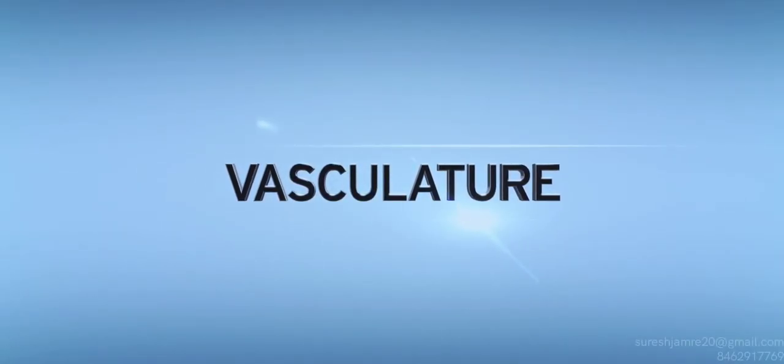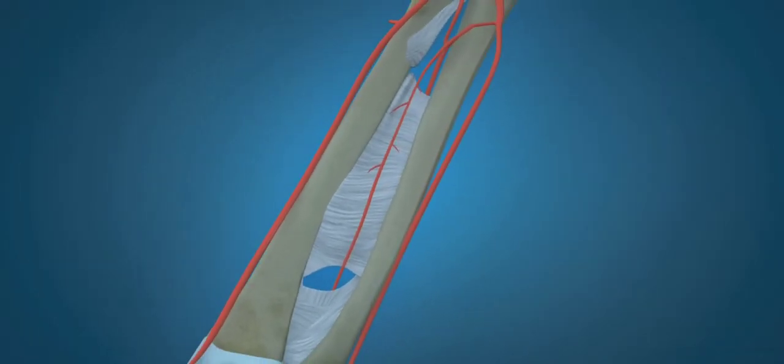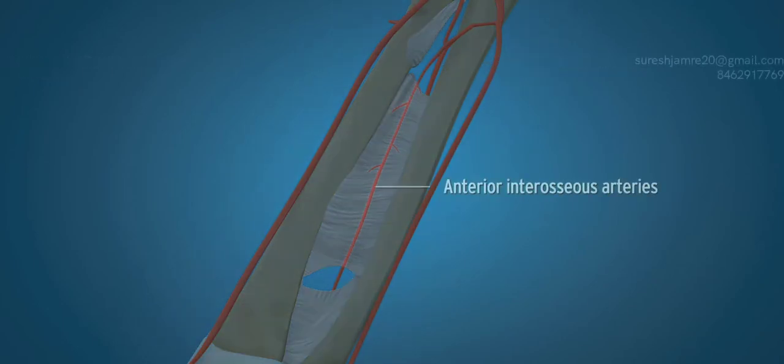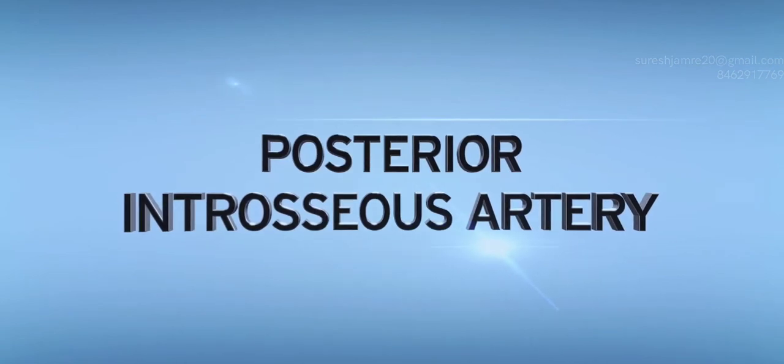Vasculature. The blood supply to the posterior compartment of the forearm occurs predominantly through the branches of the radial, posterior interosseous, and anterior interosseous arteries. Posterior interosseous artery.